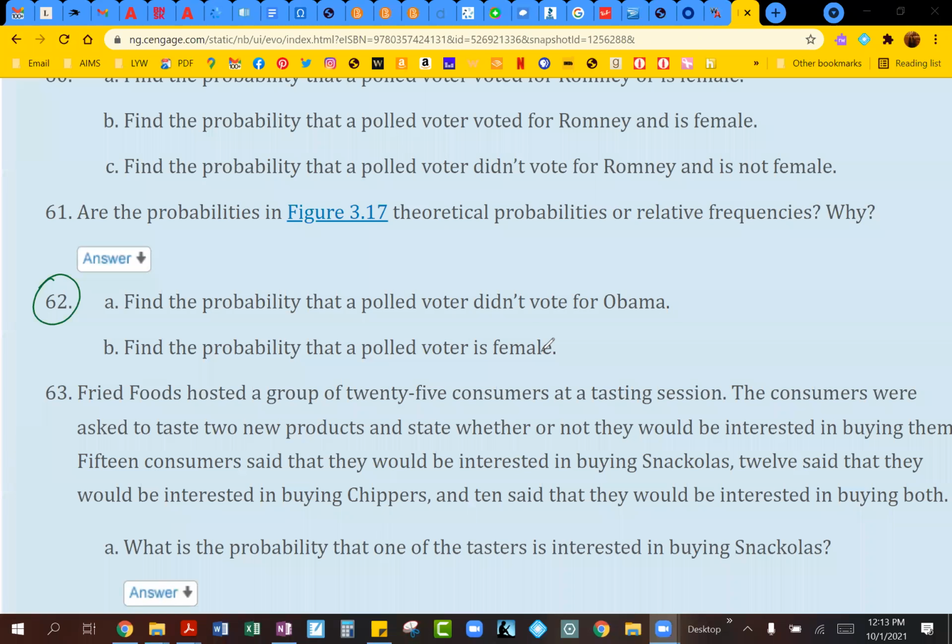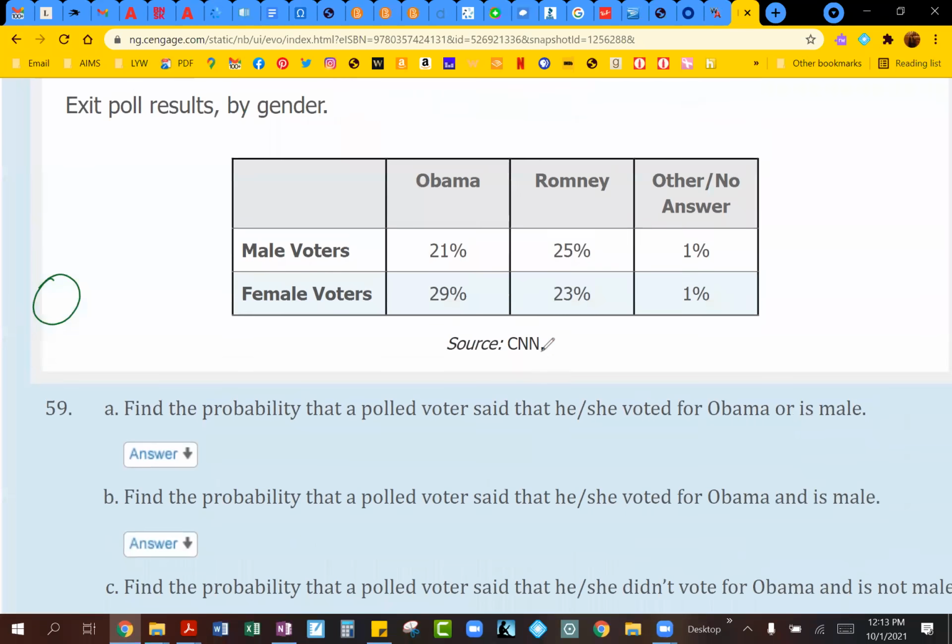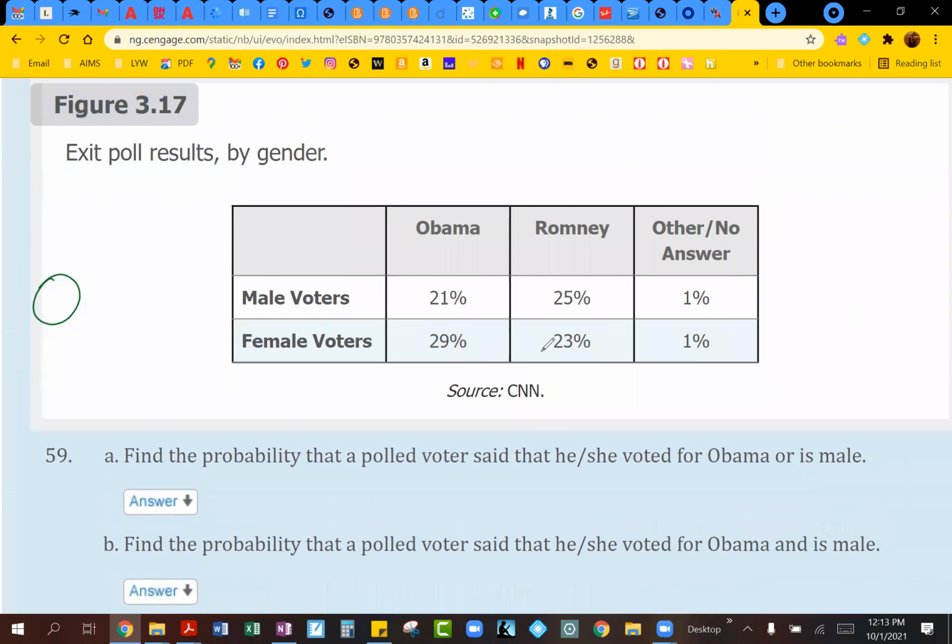Alrighty, so let's start with part A. This is a person who did not vote for Obama. So let's calculate that first over here. Probability that a person did not vote for Obama. So what do you think we need to do for this guy? Where do we go?